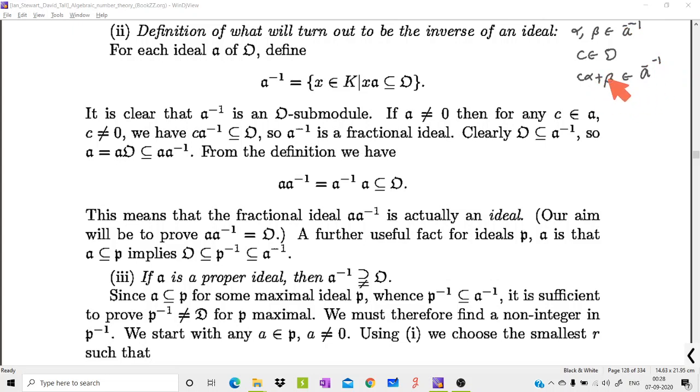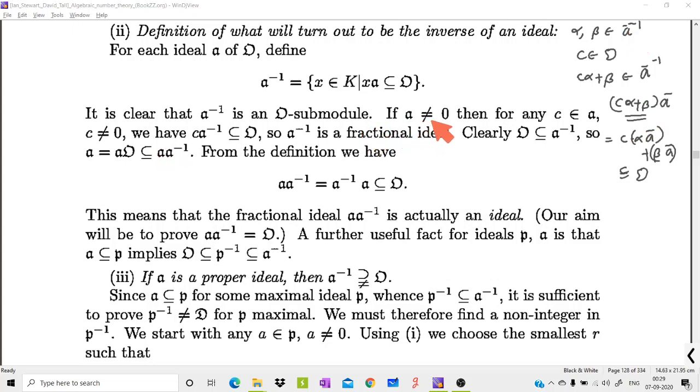In order to prove this is an element of A inverse, we need to evaluate C alpha plus beta times A. So C alpha plus beta times A is equal to C times alpha times A plus beta times A. But we know that alpha and beta are elements of A inverse, so this is contained in O and this is contained in O. Then its sum is contained in O itself. Therefore, we can say that this is an element of A inverse. Therefore, A inverse is an O submodule.